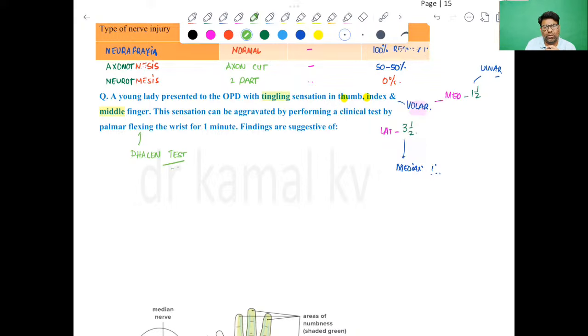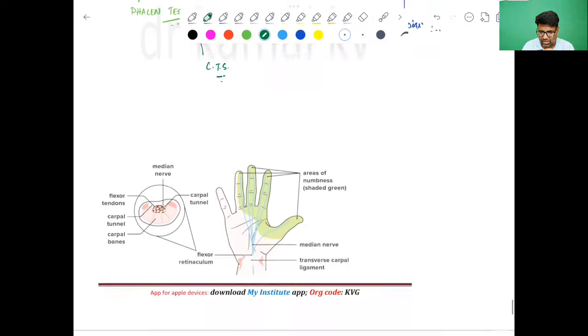So we are aggravating the compression. So obviously the symptoms will also be aggravated. So this is the Phelan test. So this is a classical presentation of carpal tunnel syndrome. So the moment you find any word related to sensory disturbances in the region of the thumb, index finger, or middle finger, straight away you can jump to median nerve compression at the wrist, and that is usually carpal tunnel syndrome.